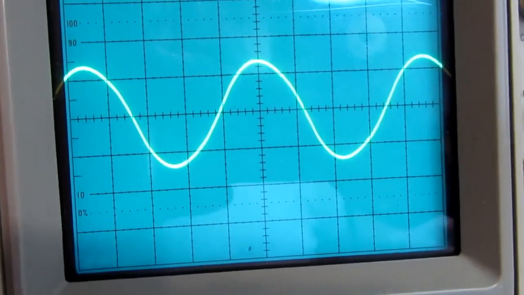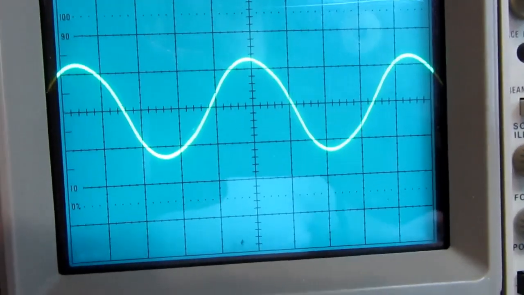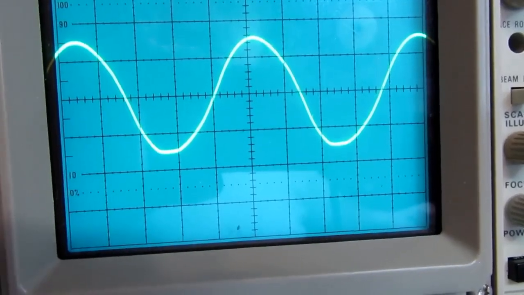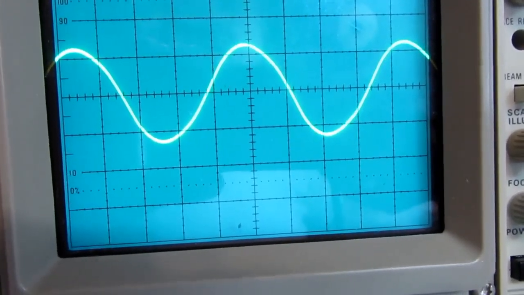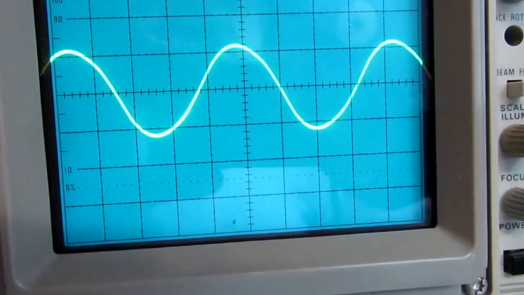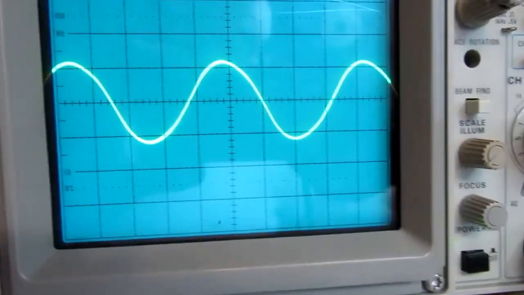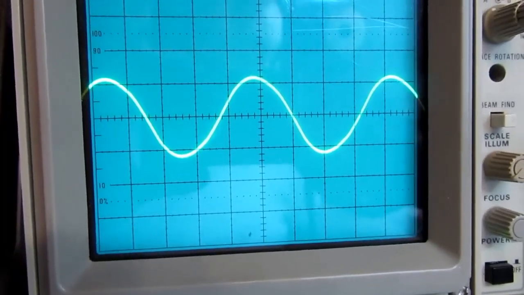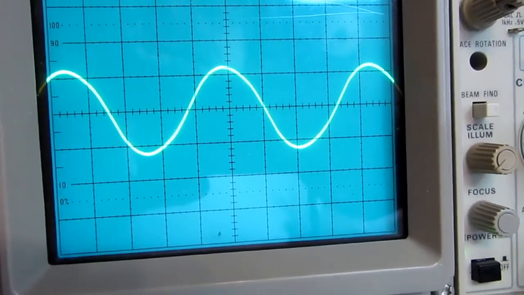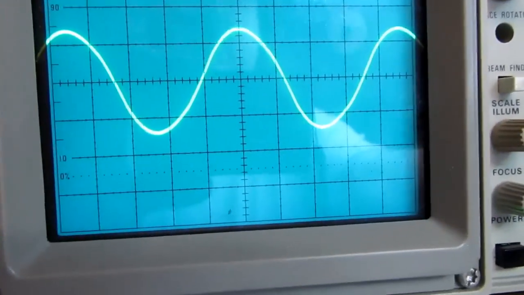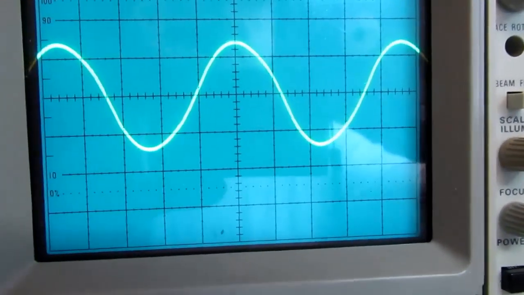So let's see here. Oh, that's amplitude. It's not substantially changing the, well, it isn't changing the frequency at all. It's at that frequency. So it's a little bit off.